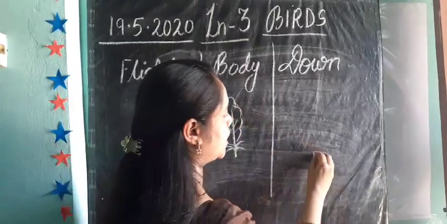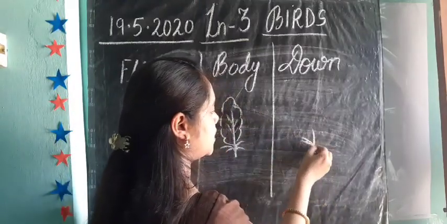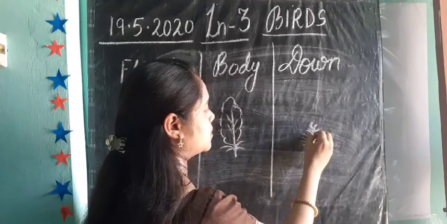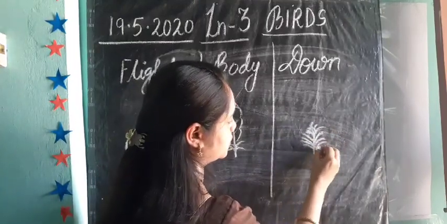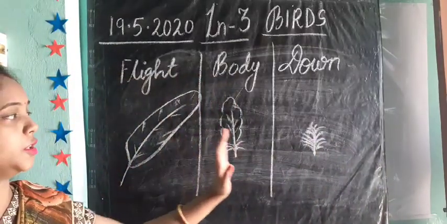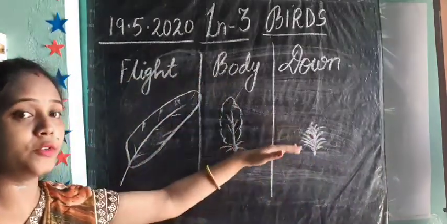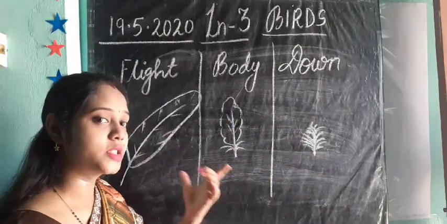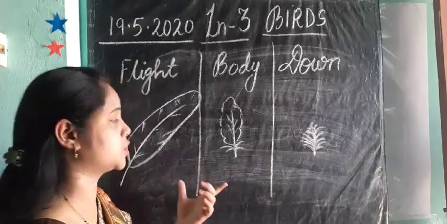Then down feather is very small and very fluffy. Fluffy means soft. So this is the flight feather, body feather, down feather. This is the structure. Now we will see the function.